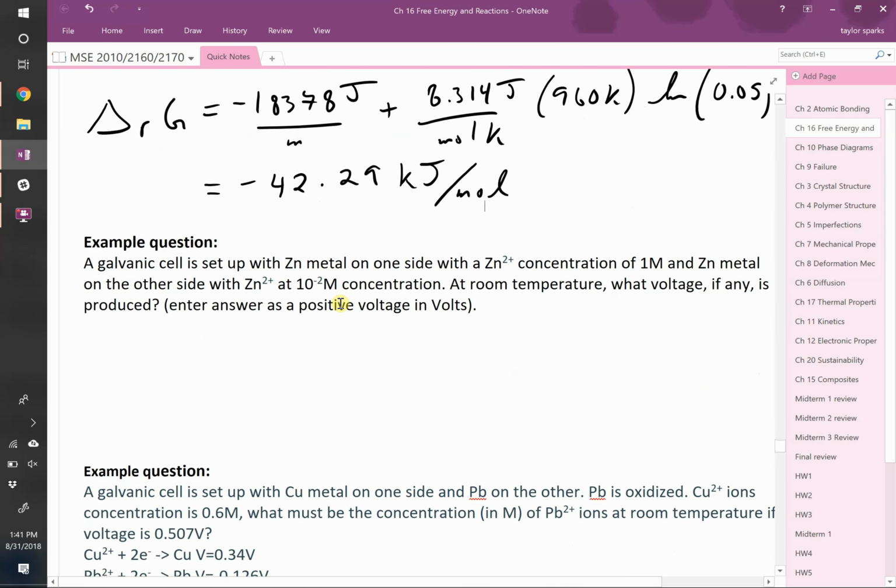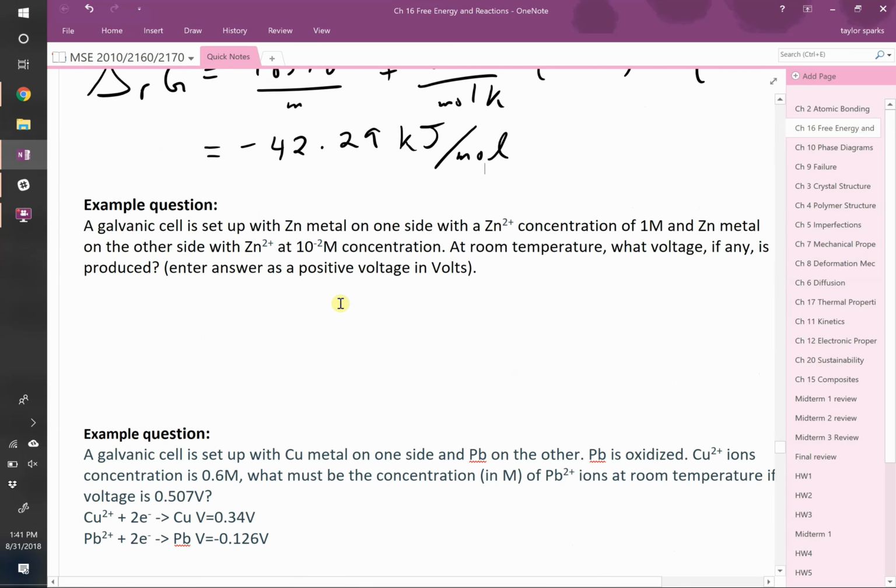This one's tricky. It says a galvanic cell is set up with zinc metal on one side, and it's got a concentration of 1 molar. And then you've got zinc metal on the other side at a different concentration. So in other words, you've got zinc 2 plus, 2 electrons, form zinc metal, and this has some voltage associated with it.